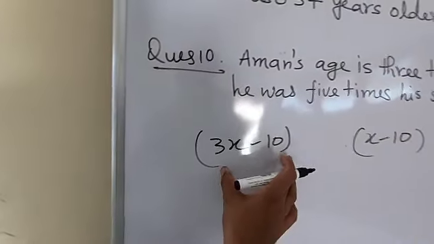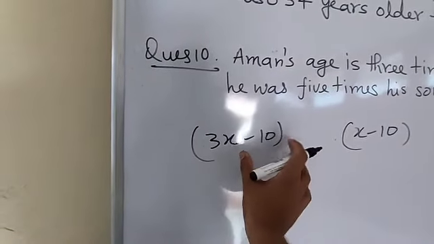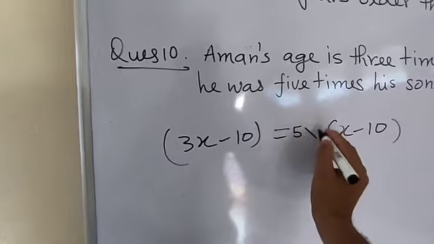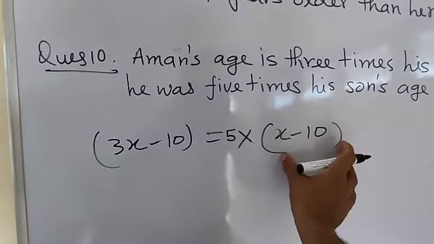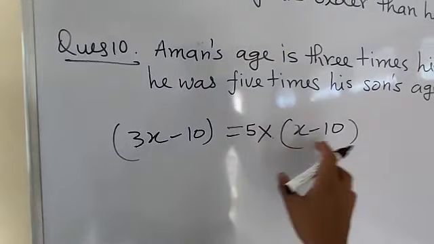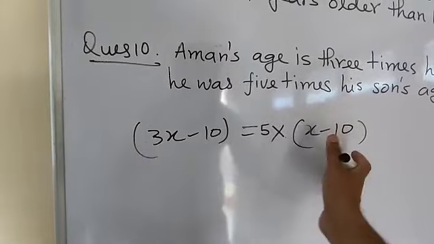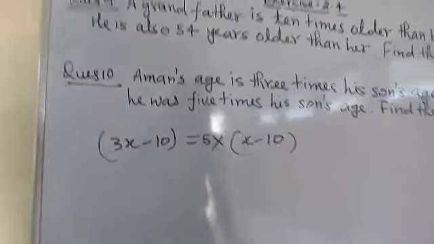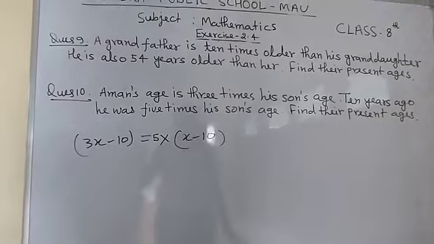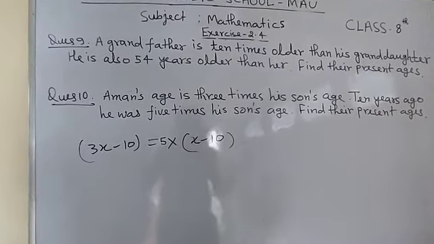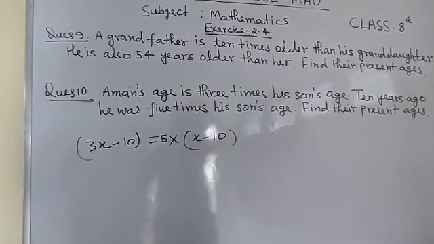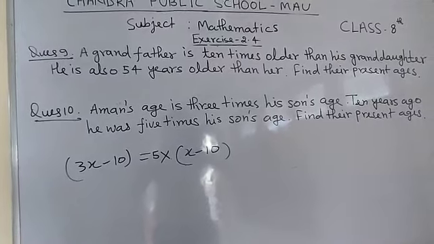So Aman's age 10 years ago equals 5 times the age of his son 10 years ago, that is 5 into x minus 10. After solving this equation you will get the value of x and the present age of both persons. So write it in proper steps, solve it, and find the value of x.